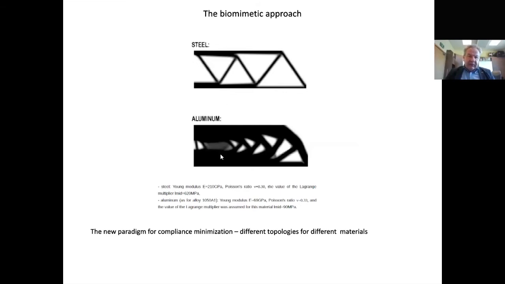So also the reaction is good, let's say, or in line with our intuition. If with the same forces you use steel, your result should be completely different when we switch to aluminium. Of course, we need more aluminium for the same forces. And what happened here, also the topologies are completely different.